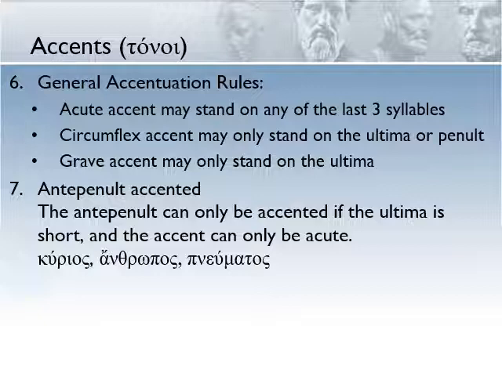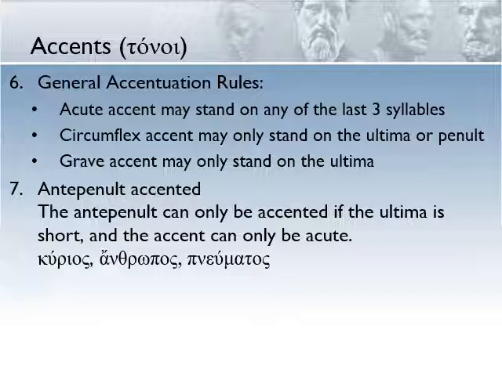Also, the accent on the antepenult can only be acute. Remember, the circumflex accent can only be found on the ultima or penult, and the grave only on the ultima. So if there is an accent on the antepenult, it must be an acute accent. And it can only stand there if the ultima is short.